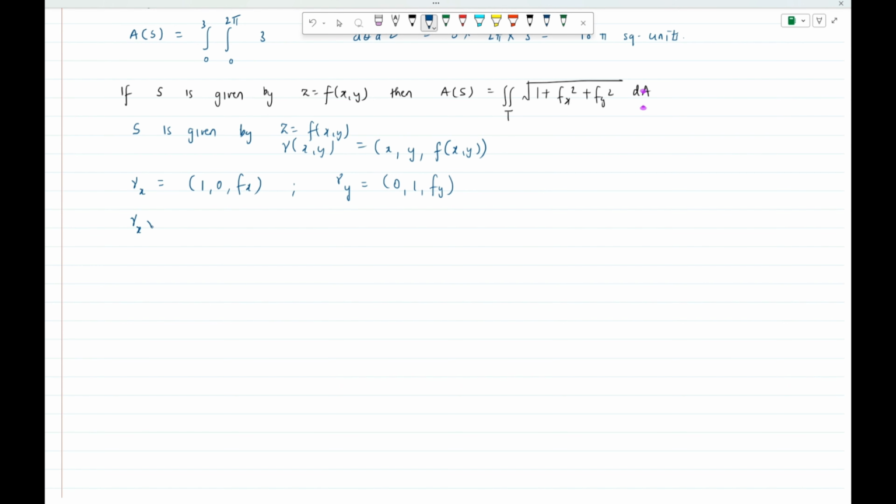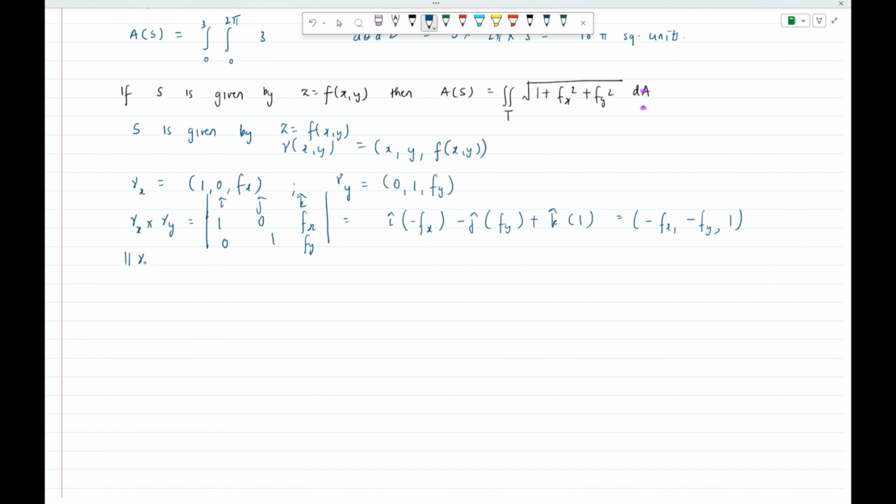The normal is going to be the cross product of these two, and that we have seen is evaluated as i, j, k in the first row, then 1, 0, fx followed by 0, 1, fy. So this is going to be i hat times negative fx minus j hat times fy plus k hat times 1. And so this is equal to negative fx, negative fy, 1.